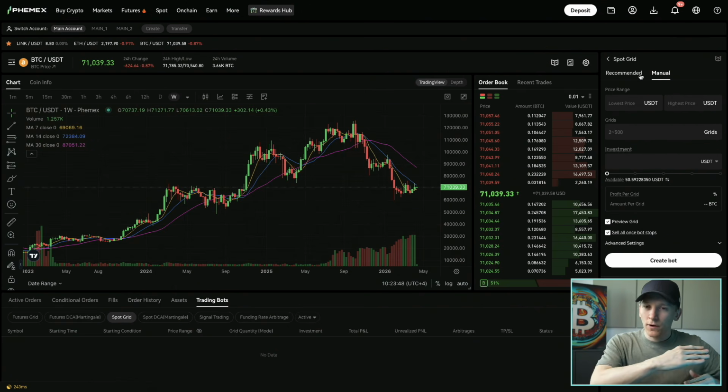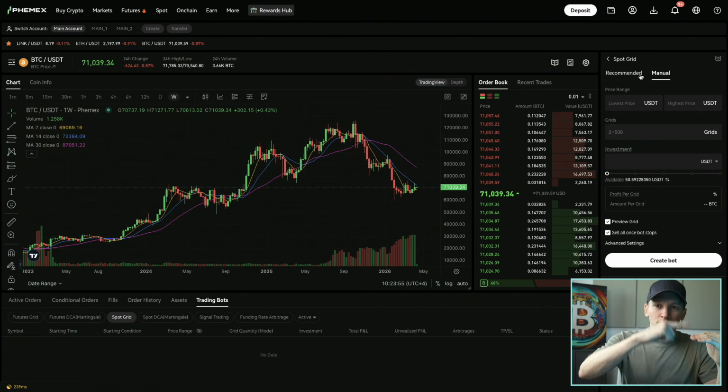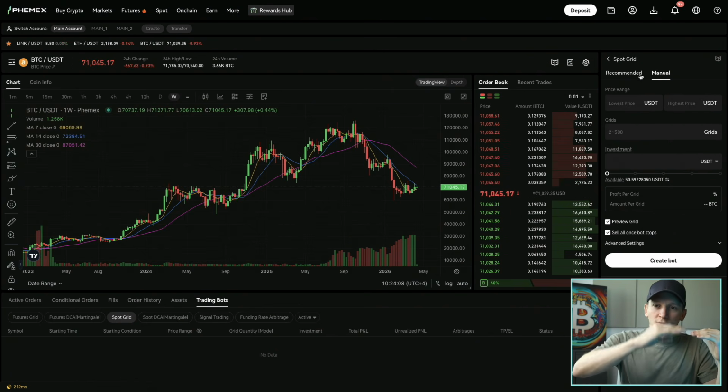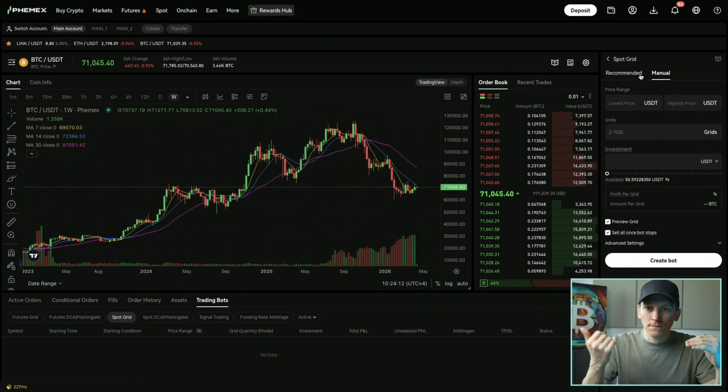Grids work if the price goes sideways because, of course, if you buy at, let's say, a certain price, 50,000, and then the price is volatile for a year, and then at the end of the year it's 50,000, well, if you bought at 50 and the price is now 50, you don't make any money at all. You don't make any returns. However, a grid bot would have bought and sold prices in between that and actually harvested some of the volatility in between, and you would have extra money because of that.